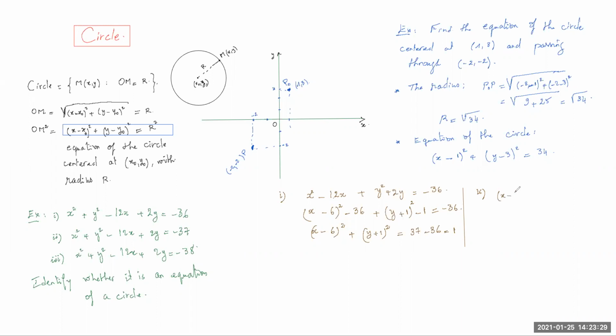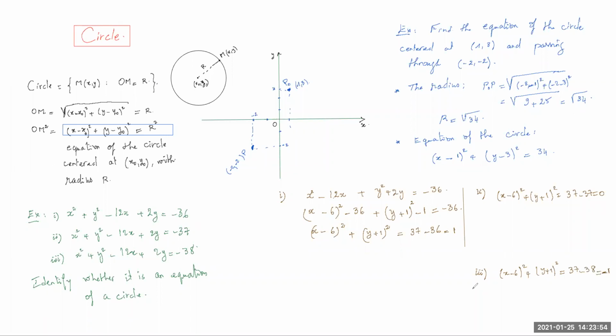So we will have (x - 6)² + (y + 1)² equal 37 - 37, which is 0. And the third situation, we will have (x - 6)² + (y + 1)² equal 37 - 38, which is -1.